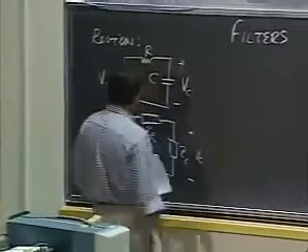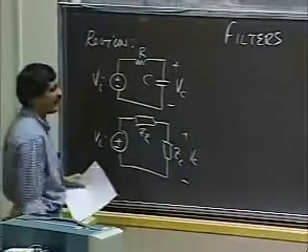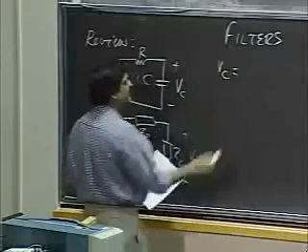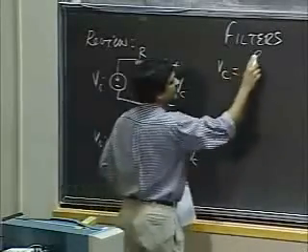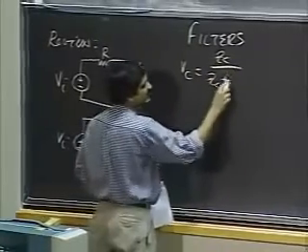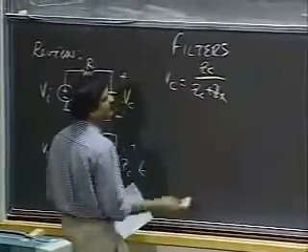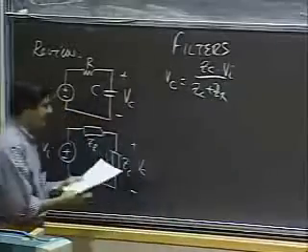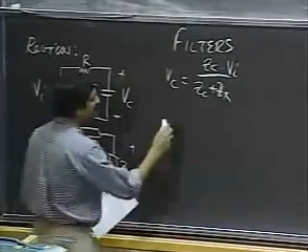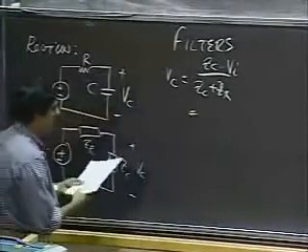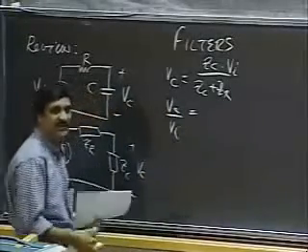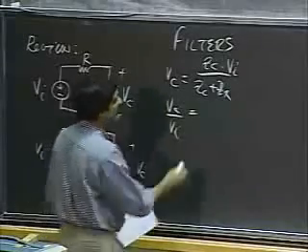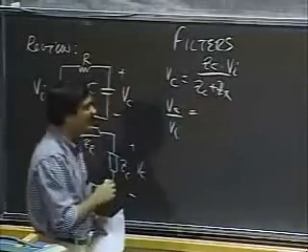As an example, I could analyze this using my simple voltage divider relationship. So VC is simply ZC divided by ZC plus ZR times VI. Let's say I divide this by VI so I get the response relation, which is ZC divided by ZC plus ZR.